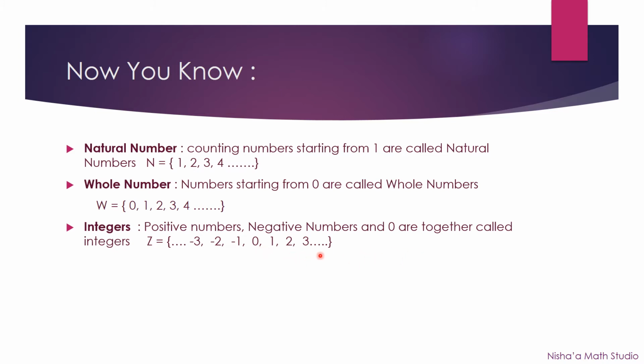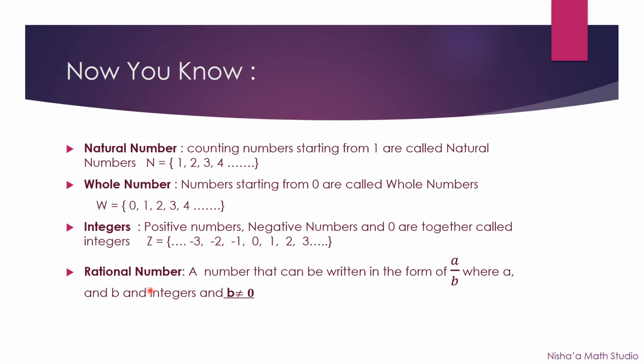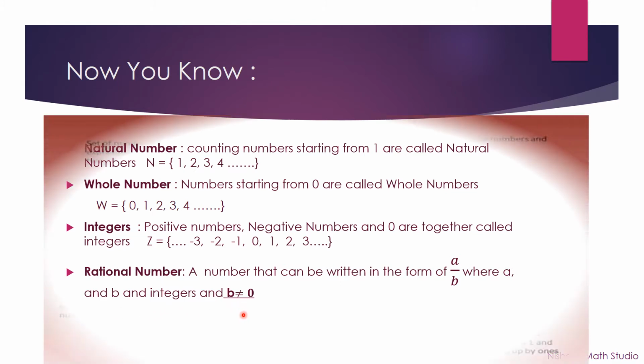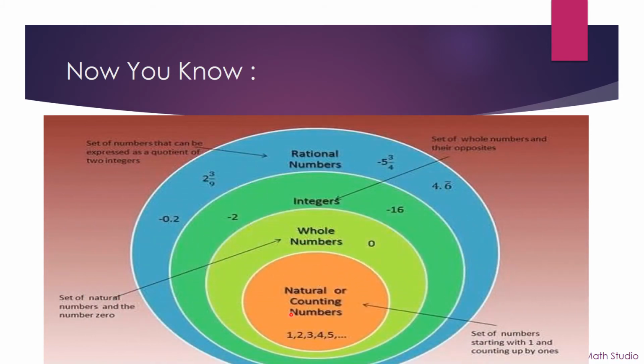These are all positive numbers to the right side of 0 and negative numbers to the left side of 0. And rational numbers are the numbers that can be written in the form a by b, where a and b are integers and b should not be equal to 0. So, natural numbers are the numbers starting from 1, 2, 3, 4.